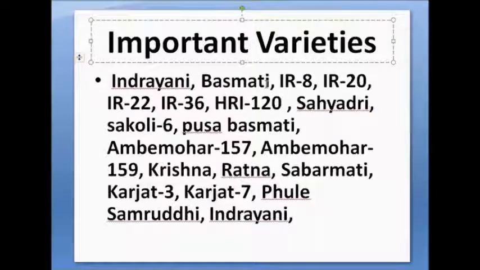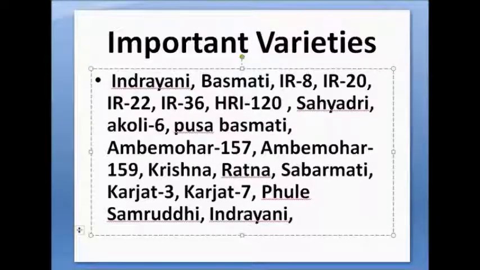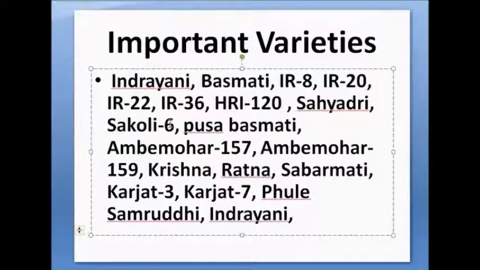So the important varieties are likewise where it is given. Indrayani, Basmati, IR8, IR means Indian rice 8, IR20, IR22, IR36, HRI 120, Sahyadri, this Sakoli, Pusa Basmati. Now we know that this Basmati is famous in our area also.